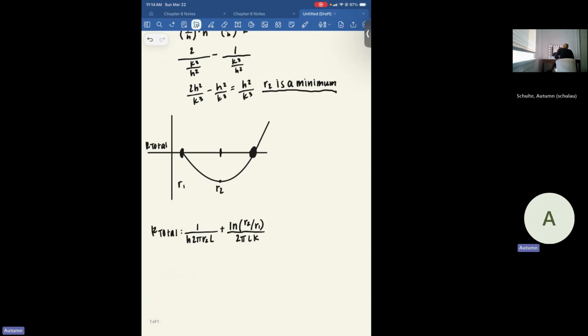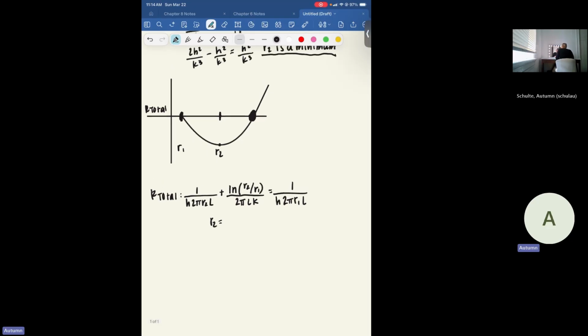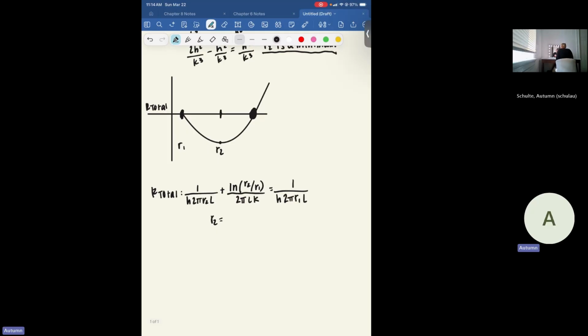And we are going to now set this equal to 1 over our heat transfer coefficient H multiplied by 2 pi times R1 times our length. And here you would use some sort of graphing calculator to find a new value for R2, which is the maximum thickness of insulation we would need, and anything beyond that point is going to worsen our performance.